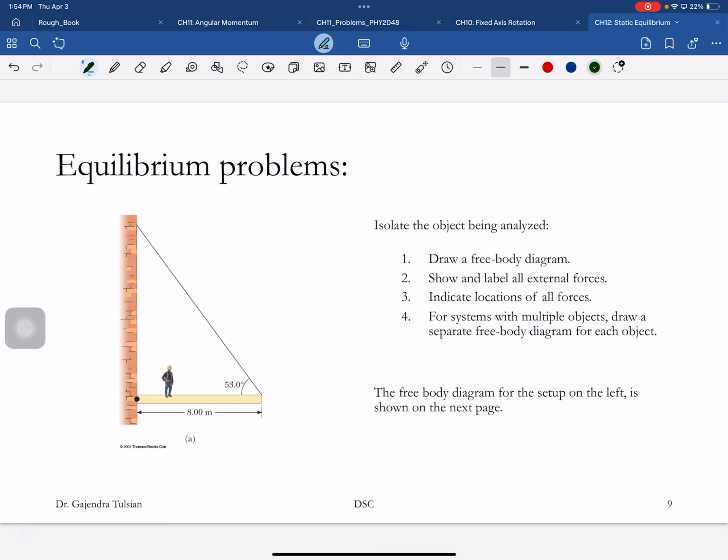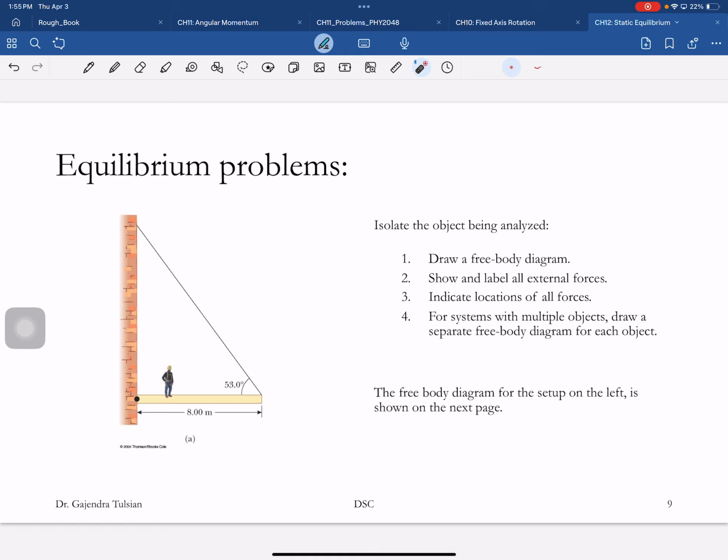Here's a typical problem that we want to solve. Here's a scaffold, which can be at a construction site, and this guy doesn't want to worry no matter where he is on the scaffold.